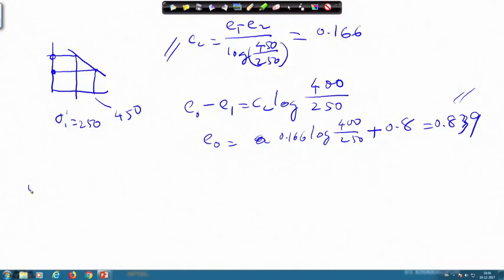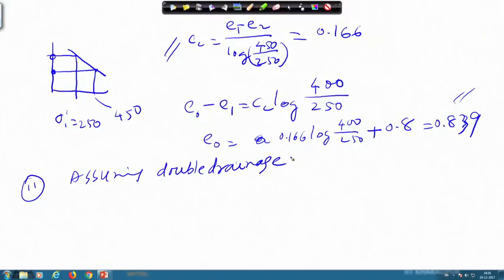Next is the second part. Second part is assuming double drainage. It is not mentioned, so always assume double drainage, and you can say H equal to 3 meter, 3 by 2, that means double drainage, so it will be 1.5 meter.